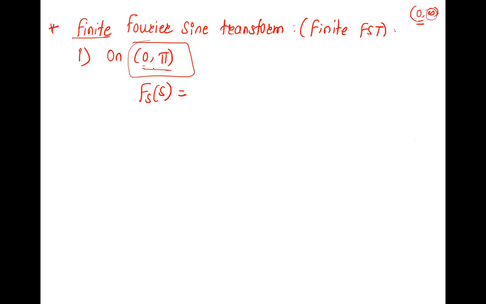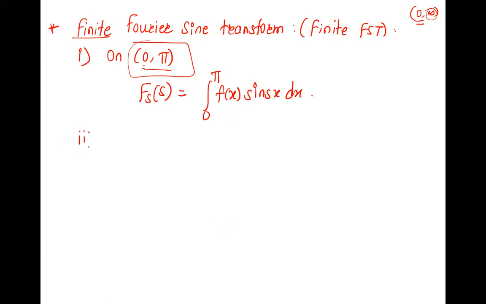The upper limit is not infinity but some pi. Then it is defined as integration 0 to pi f of x into sine sx dx. That root 2 by pi is gone. Integration 0 to infinity becomes 0 to pi, and the remaining part is as it is.